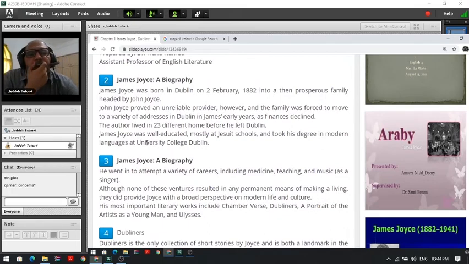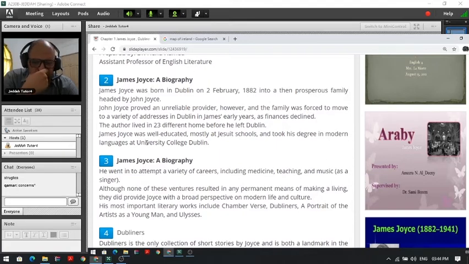So in terms of biography, Joyce was born in 1882. His father was okay financially, but at one point that stopped.